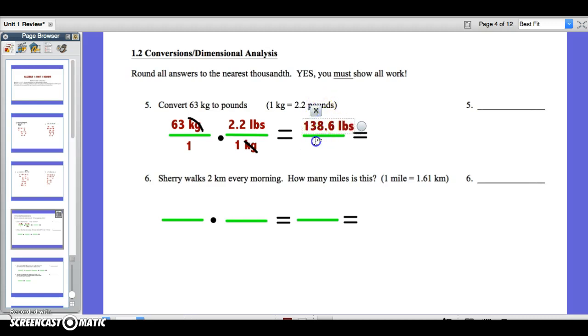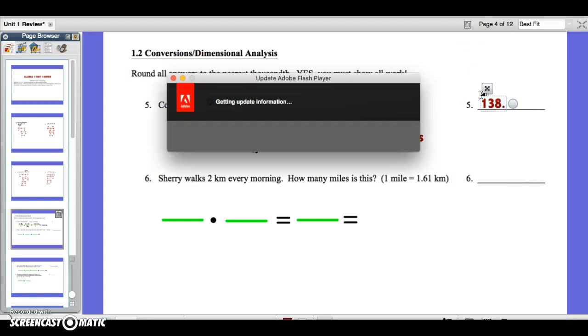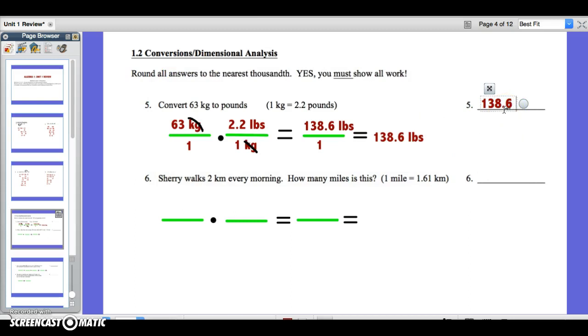And then on the bottom, when you multiply straight across here, you get 1. Now looking at this, dividing by 1 does not change the value of it, so 138.6 pounds would be my final answer. And then you could write that over here on the answer line. So 138.6 pounds.